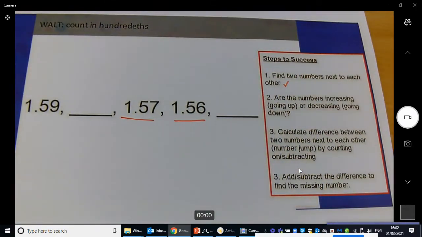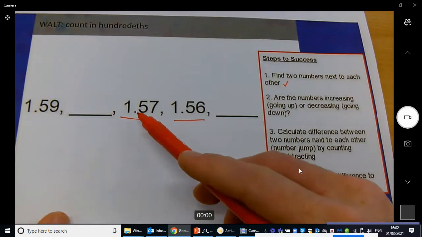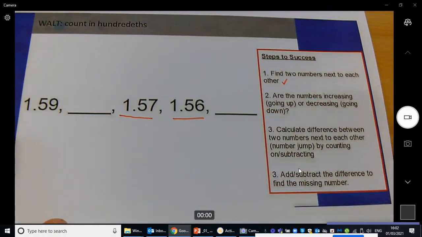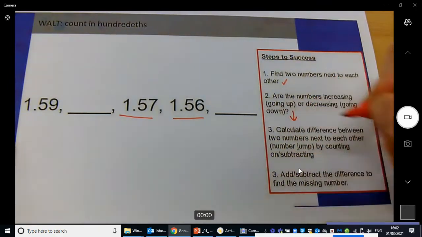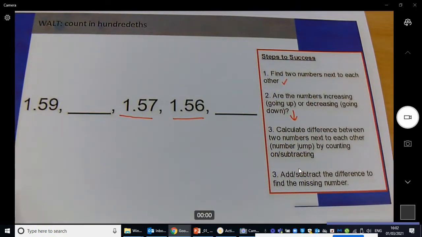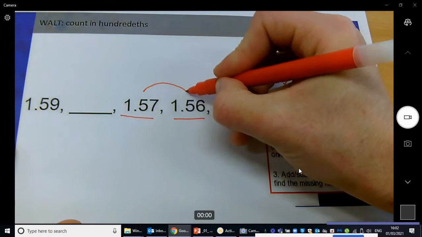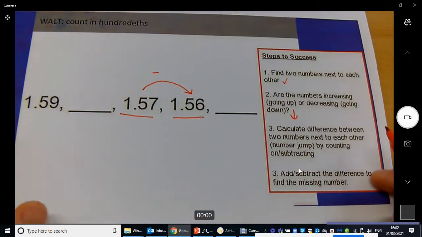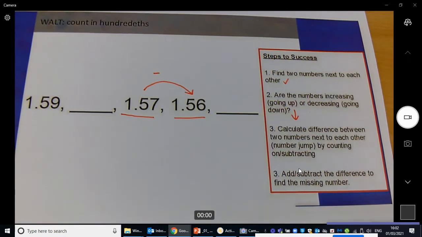Step 2, are the numbers increasing, so going up, or decreasing, going down? Well, 1.57, 1.56, so that sequence is definitely decreasing, going down. So I'm going to do a minus. Calculate the difference between the two numbers.